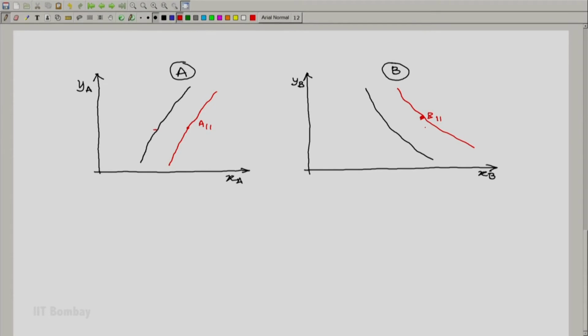We can repeat the experiment. For example, we can take another state in A and find an isothermal state in B, and extending the experiment, we may find a green isotherm in the state space of B and a corresponding green isotherm in the state space of A. Again, if we are exploring in detail, we may get a pink isotherm here and a pink isotherm there.